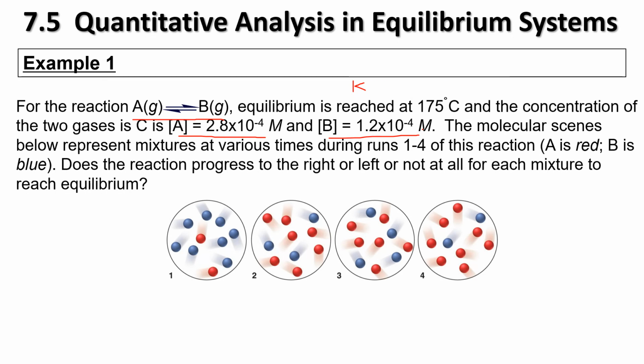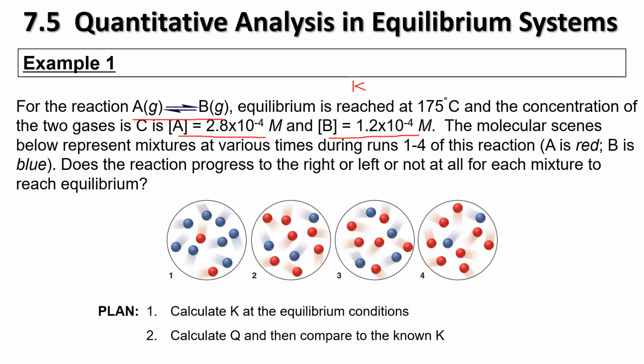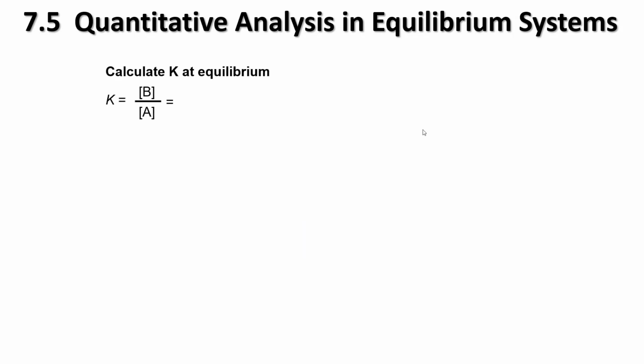From these, we're going to calculate Q, and then compare the two values and decide which way our system is going to shift. So right off the bat, to calculate our K, the equilibrium conditions were those two values. Divide them out, you get 0.43. So when our system's at equilibrium, it's got a K constant of 0.43.